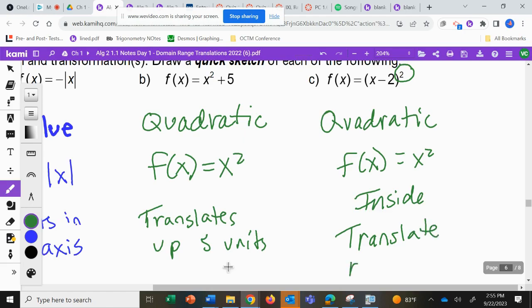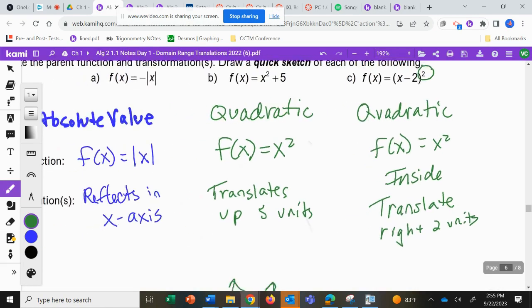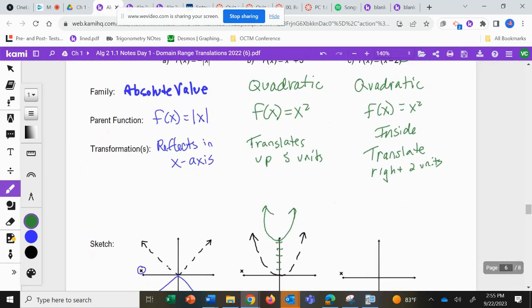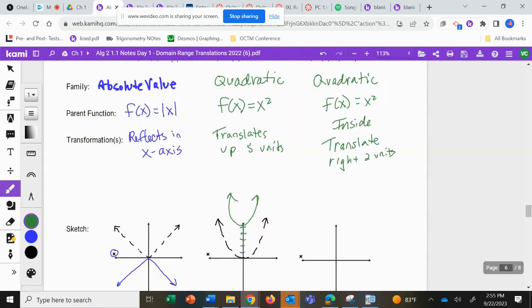Translate right 2 units. So again, you're just thinking through those words. What you're showing me is that you know that it is a U shape. And then you can show me it moving to the right 2, and then draw your U again.